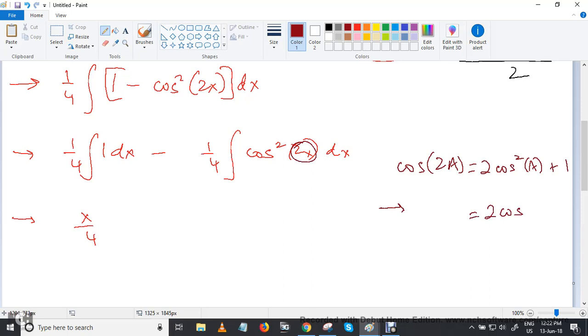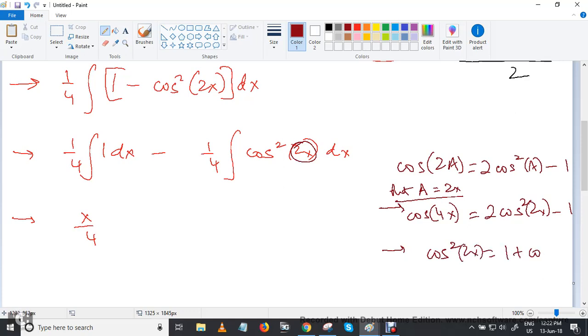When you do that, you get 2 cos square 2x minus 1, and on this side you get cos of 4x, because 2 times 2x will become 4x. Basically we are putting a equal to 2x over here. This was supposed to be a minus sign, I'm sorry about that. When you solve this for cos square 2x, we get (1 plus cos 4x) by 2.